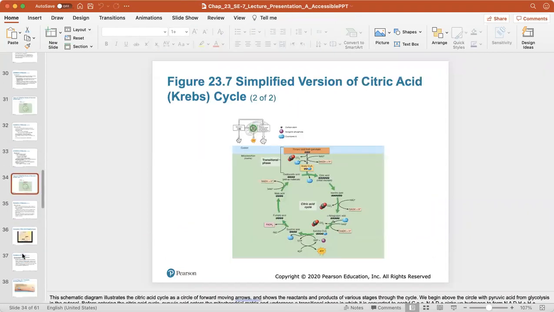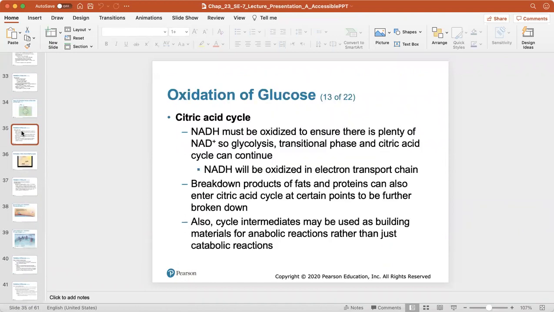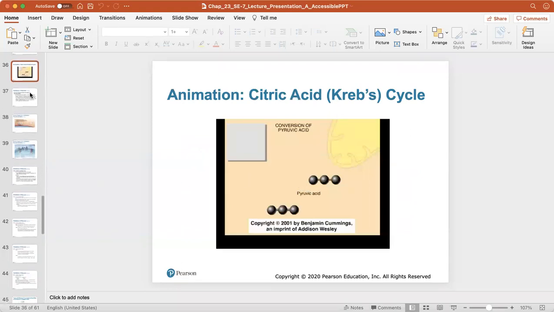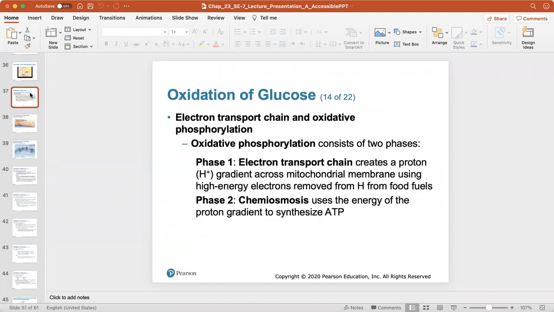In the citric acid cycle, NADH must be oxidized to ensure there's plenty of NAD, so glycolysis, the transitional phase, and the citric acid cycle can continue. And this is a great animation of the citric acid cycle that you can watch when you download the PowerPoint. Then we'll get to oxidation of glucose continuing in the electron transport chain and oxidative phosphorylation.